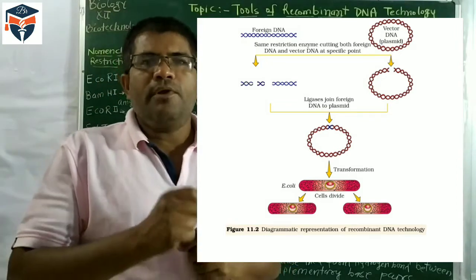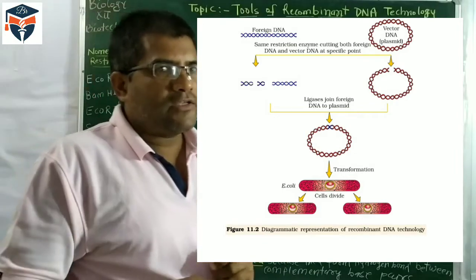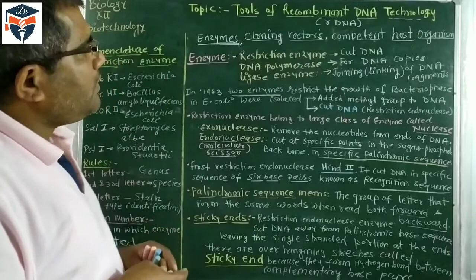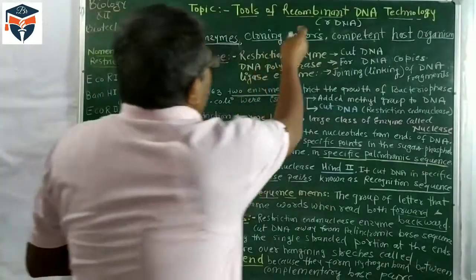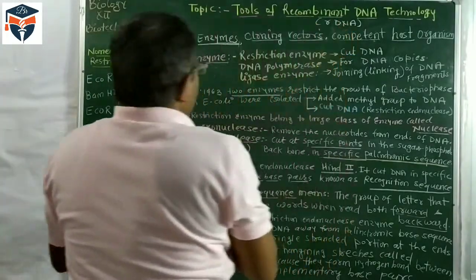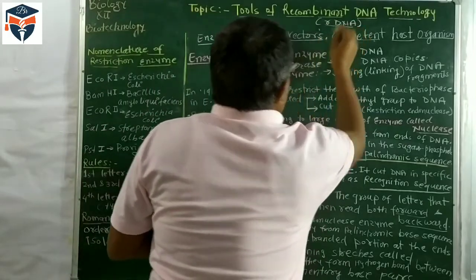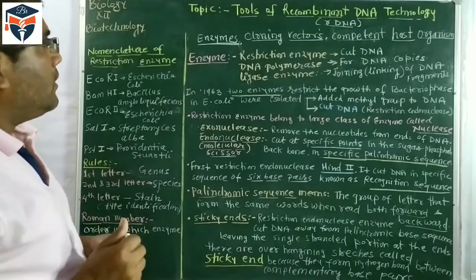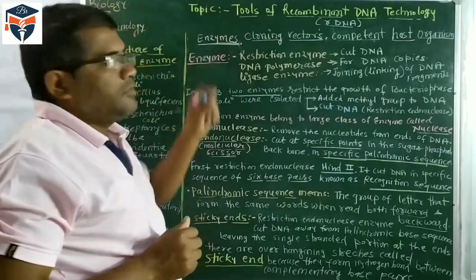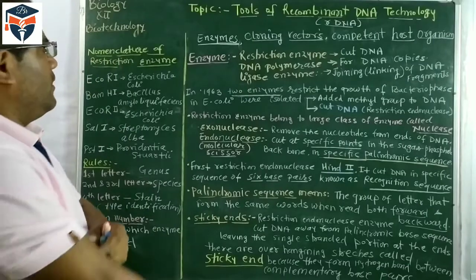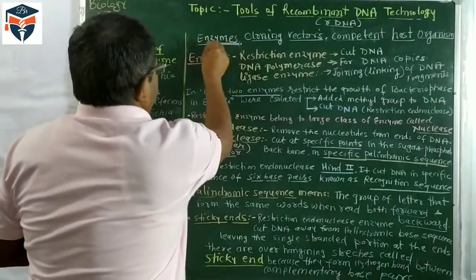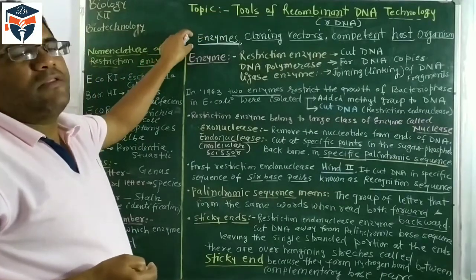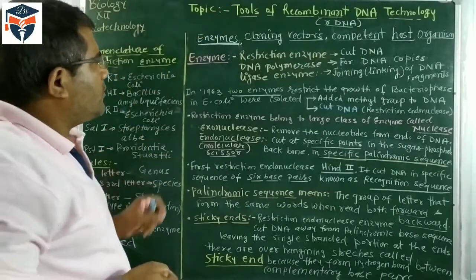So in this recombinant DNA technology, we are discussing the basic tools of recombinant DNA technology. Recombinant DNA technology is also called rDNA technology, where r is for recombinant. The first tool is enzymes. Enzymes are the basic tools for recombinant DNA technology.